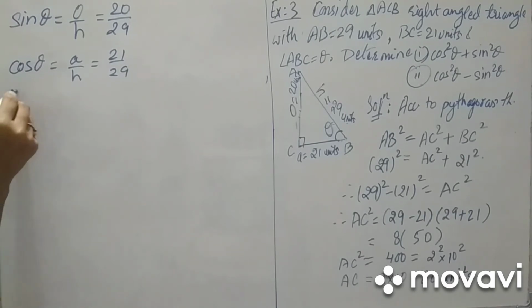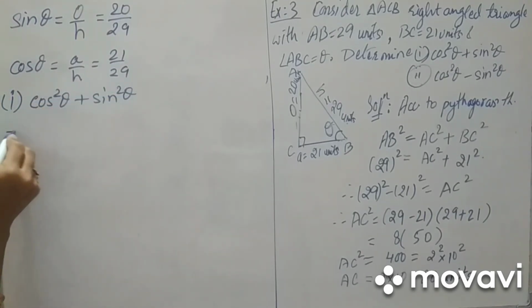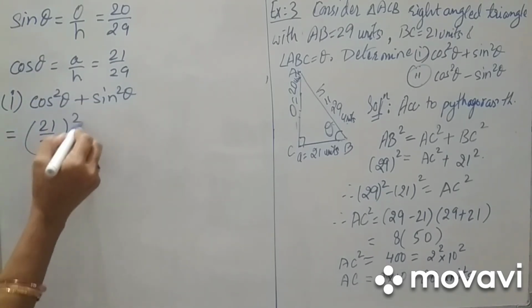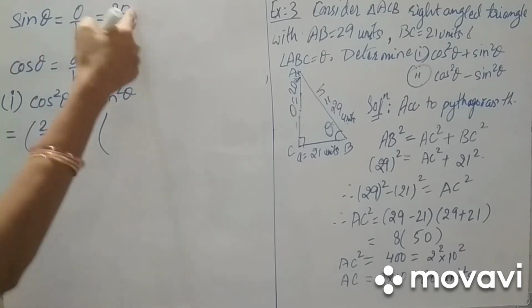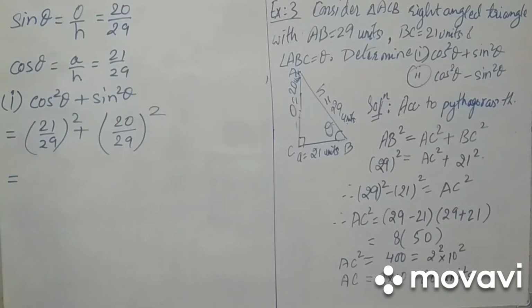Now, first question. Cos square theta plus sin square theta is equal to, cos means 21 upon 29 squared plus sin means 20 upon 29 squared.